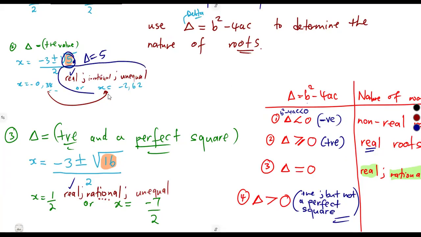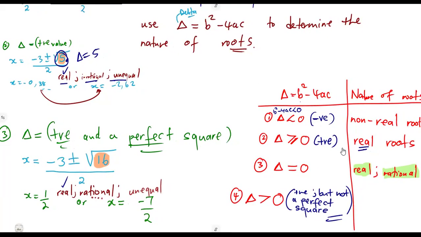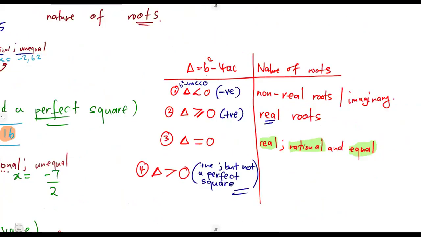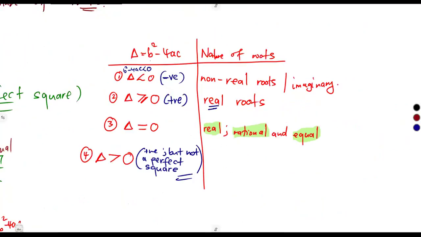Look at our solutions. How are they? They are real, irrational, and we said unequal. This is what is going to separate now. So we are going to have real, irrational, unequal. But the real part is there. That is what I want you to take into consideration. So we've got a real, all right? But these solutions will be irrational and unequal.